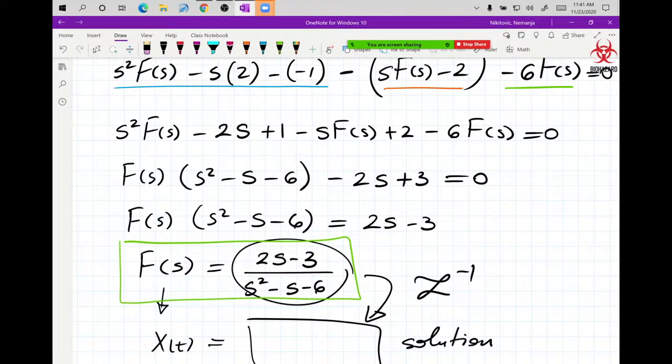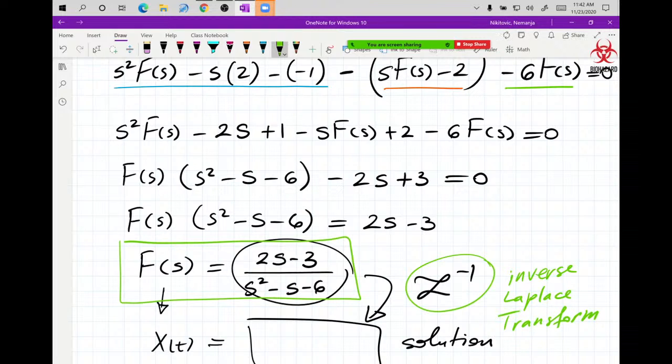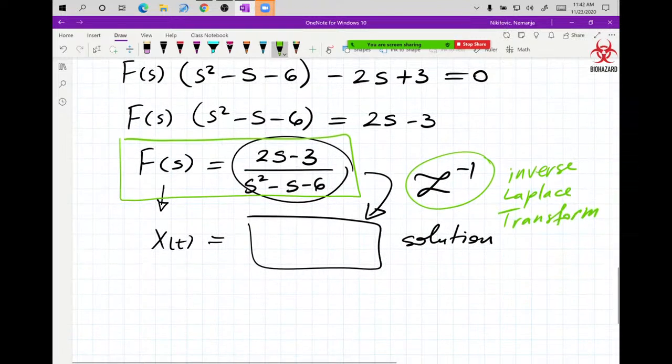Now all I need to do is bring this back into a t variable, the t domain, which is the time domain. So now I just need to do what we call inverse Laplace over here. And once I apply the inverse Laplace transform, it will give you the original problem back.